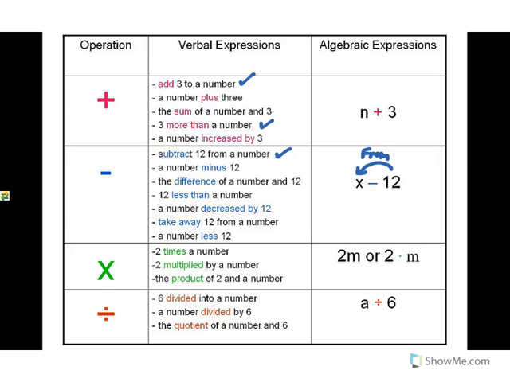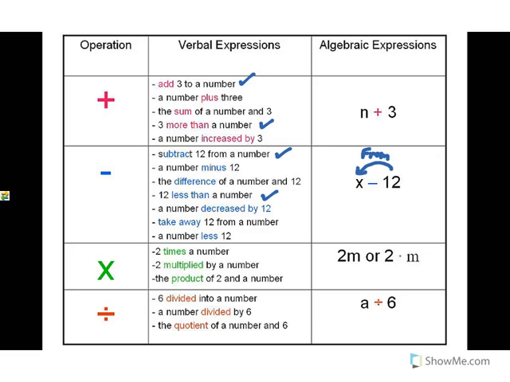Same thing with the next one, the difference of a number and 12. The other one is 12 less than a number. That is rearranged as x minus 12, the same as the very first one, subtract 12 from a number. So when you see from, subtracted from, less than, more than, added to, those would be rearranged in the opposite order.